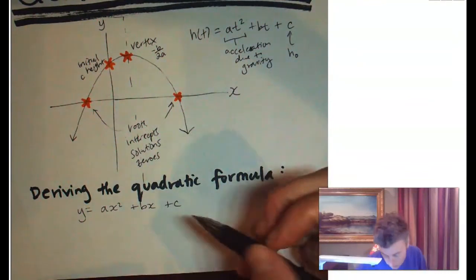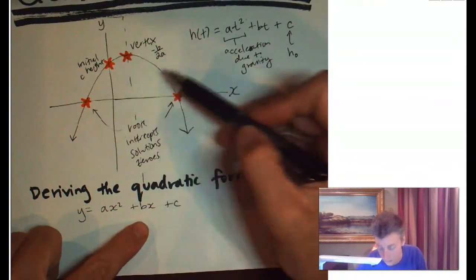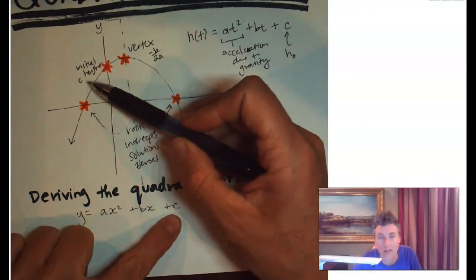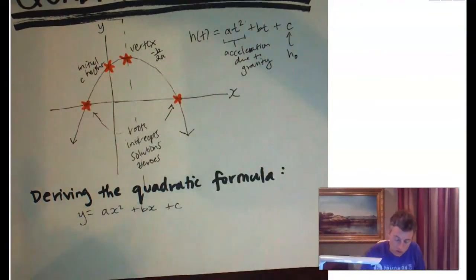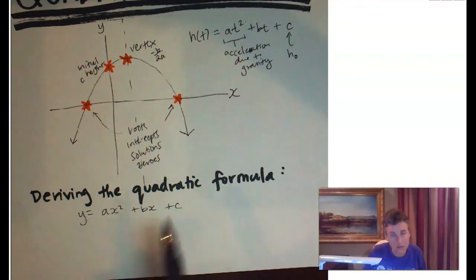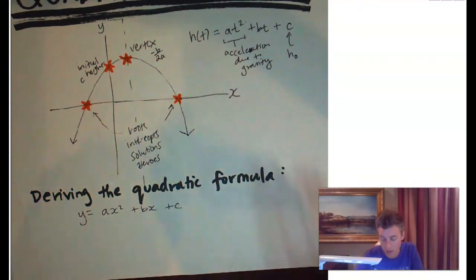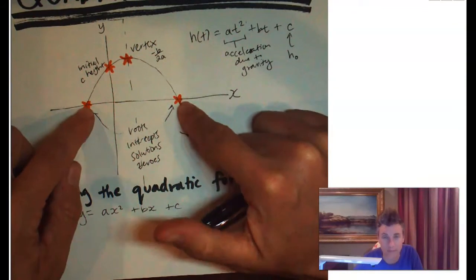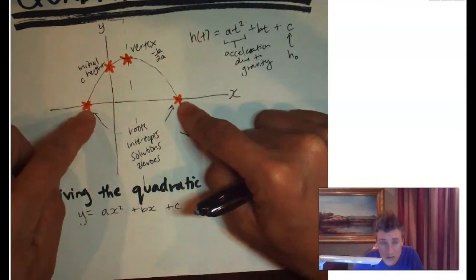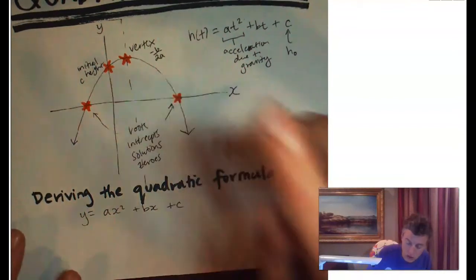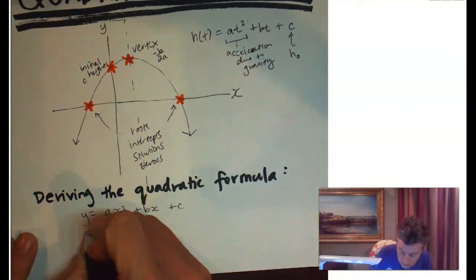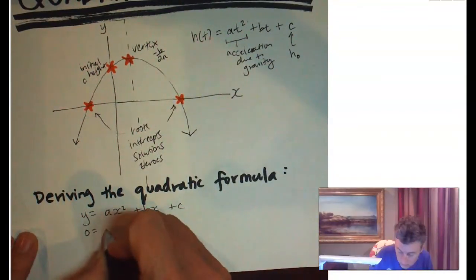Again, our a and our b coming from our vertex, our c coming from our initial height. Right, vertex and initial height. So what are we trying to use this thing for? What we're trying to use this thing for is to figure out where these points are. Where do these points happen? These points happen where y equals 0. So we should set this equal to 0.